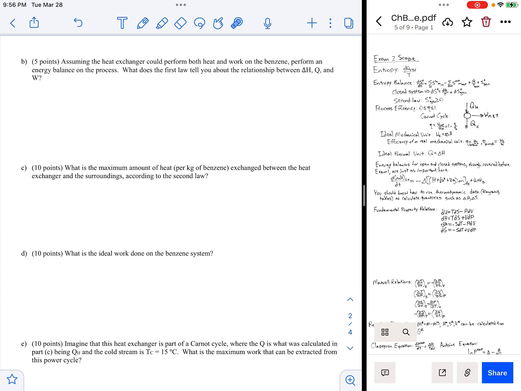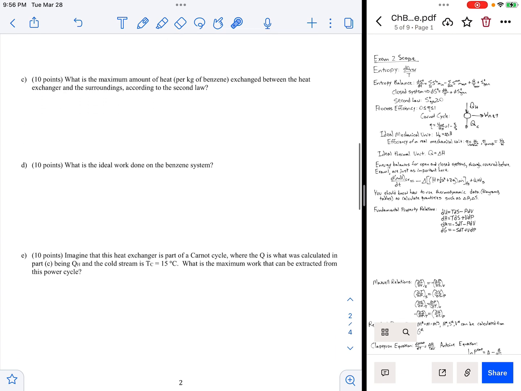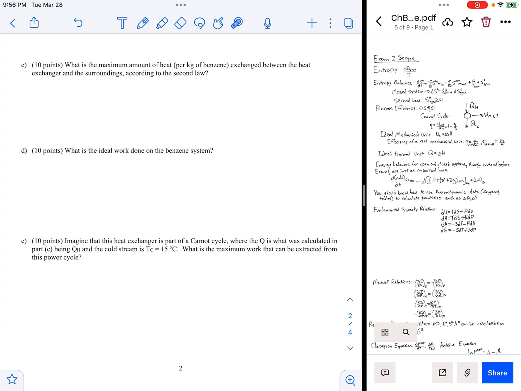Okay, so now assuming the heat exchanger could perform both heat and work on benzene, perform an energy balance. Okay, that's what we expected. What does the first law tell us about the relationship between delta H, Q and W? Part C, what is the maximum amount of heat that would be allowed to be transferred according to the second law? So that's probably an entropy balance.